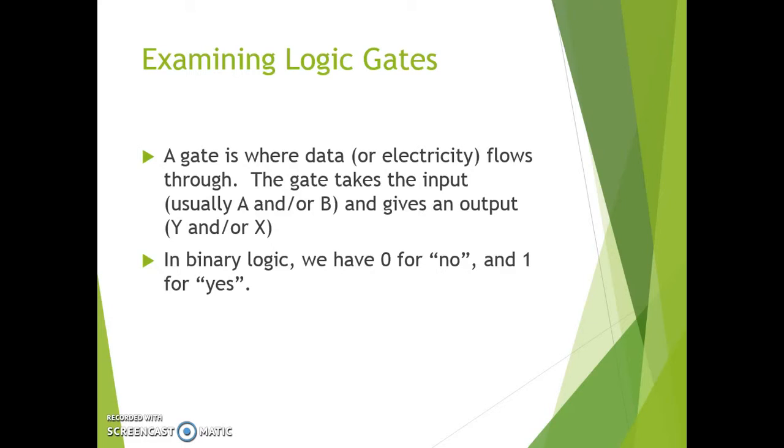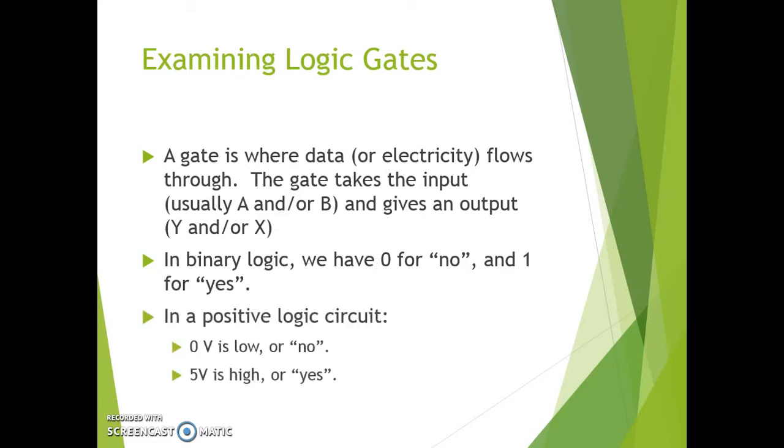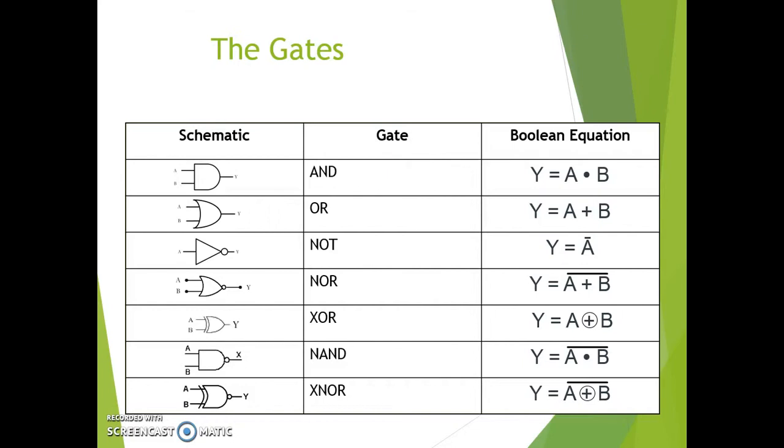And in binary logic, we'll talk about a 0 for a no and a 1 for a yes. In a positive logic circuit, an electronic circuit, the way we view it, we'll talk about 0 volts as low or no, and 5 volts as high or yes. Here's a quick summary of the standard gates that we have available to us.